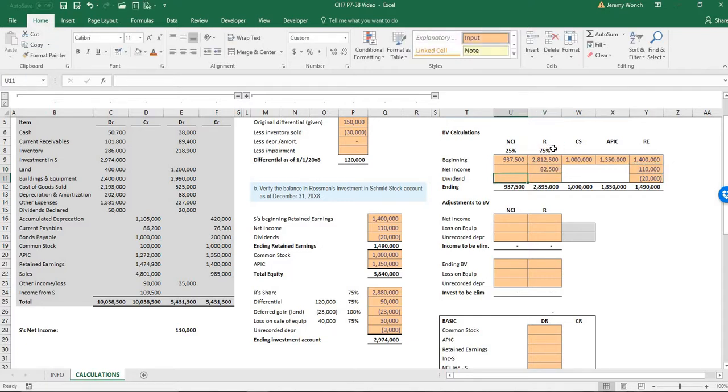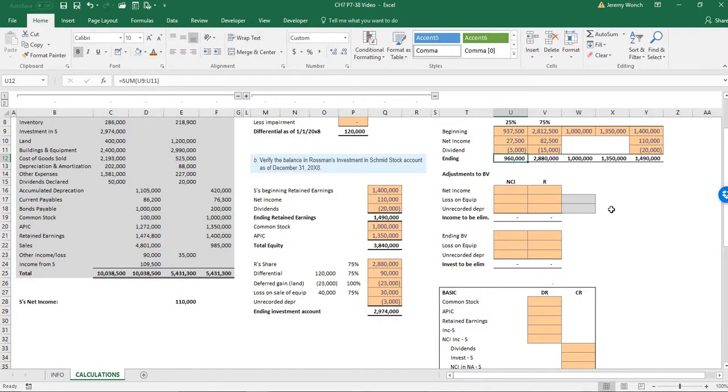Split income between the parent and the non-controlling interest, and then we'll split our dividends between the parent and the non-controlling interest. Alright, so now we have our book value calculations done, so that'll be helpful when we do our journal entries.